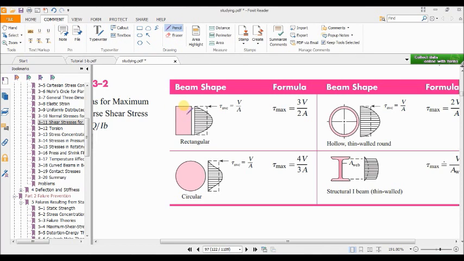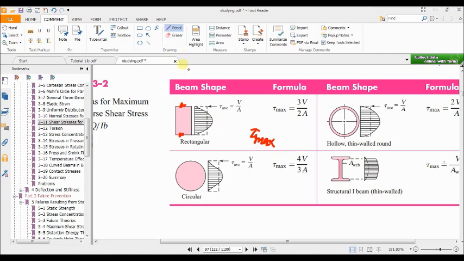Maximum axial stress is at these two locations. But unlike that, the maximum shear stress due to the torsion will happen at the neutral axis.